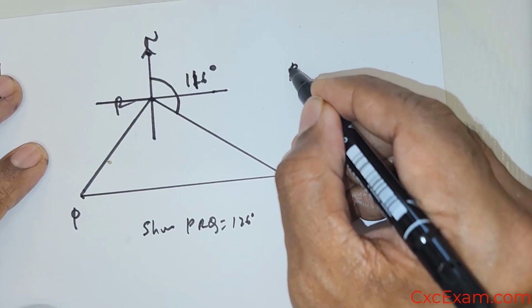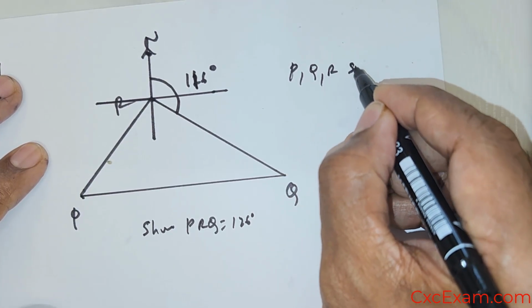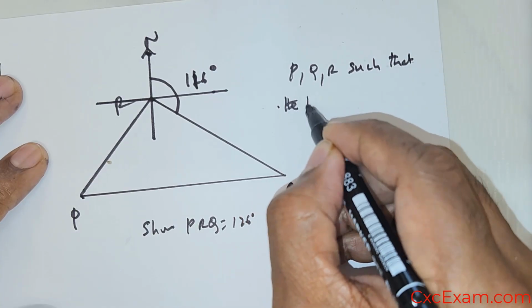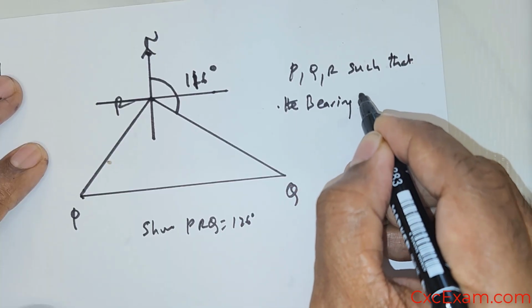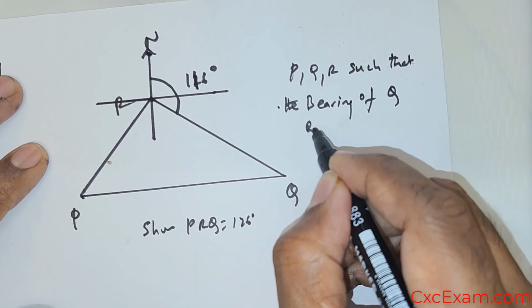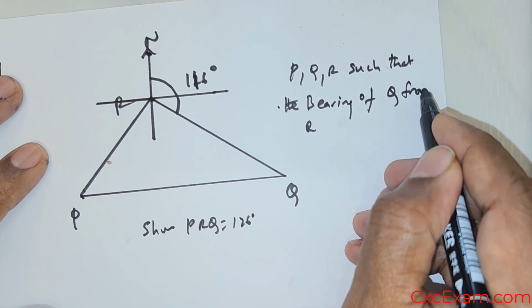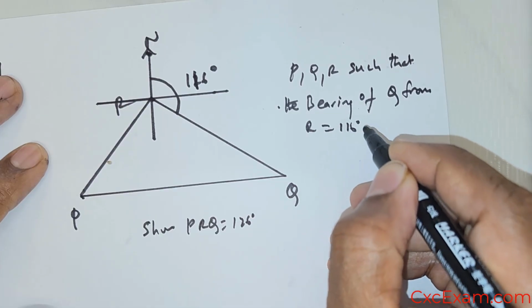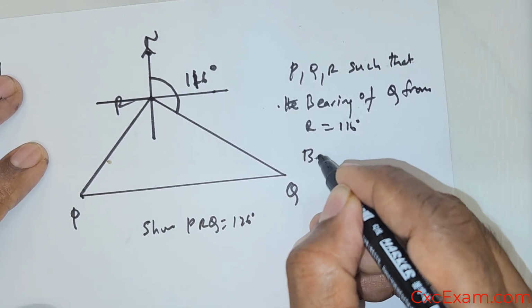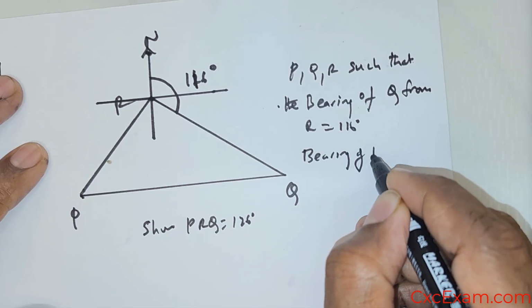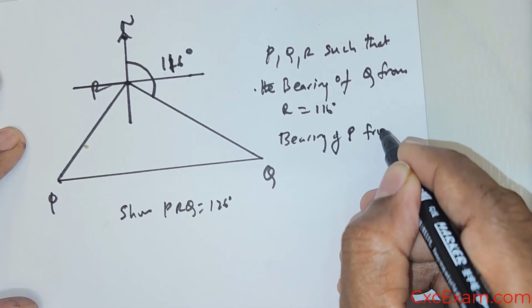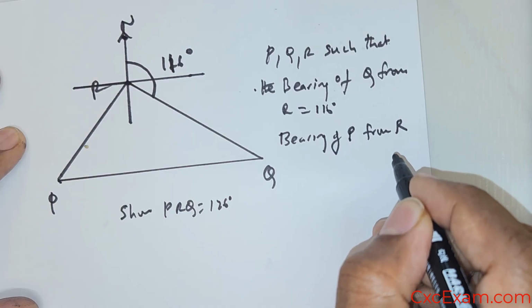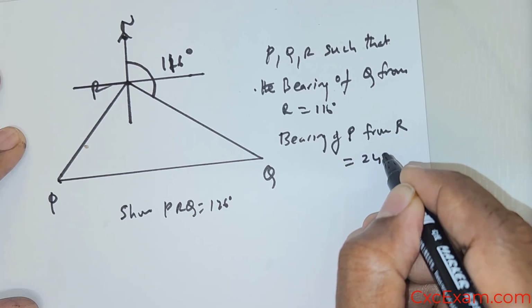We are given that PQR is such that the bearing of Q from R is equal to 116 degrees, and the bearing of P from R is 242 degrees.